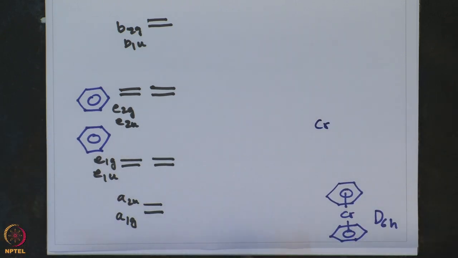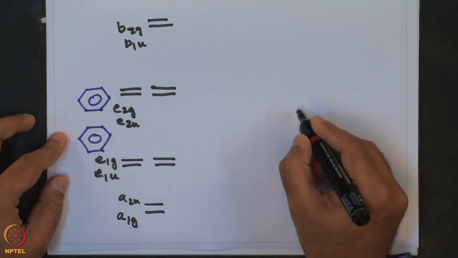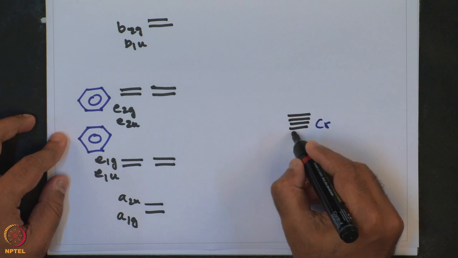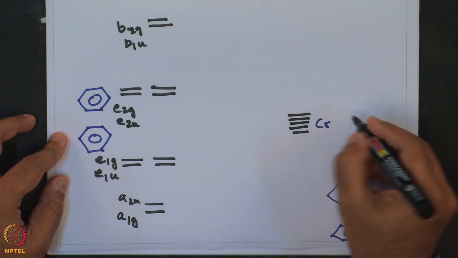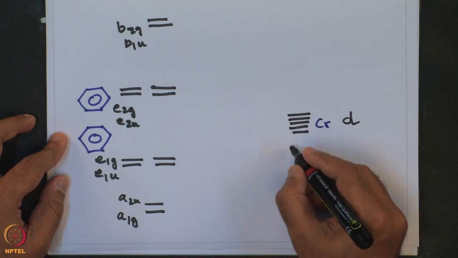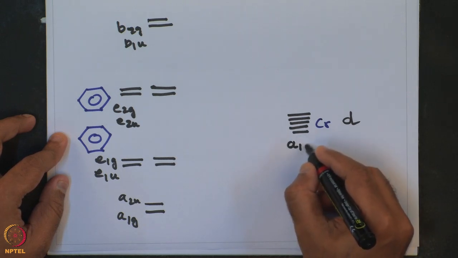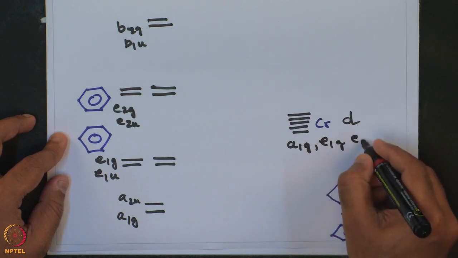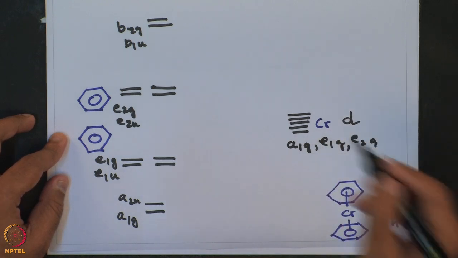Similarly, as far as the chromium is concerned, there are 5 d orbitals, and they are of A1g, E1g and E2g symmetry.